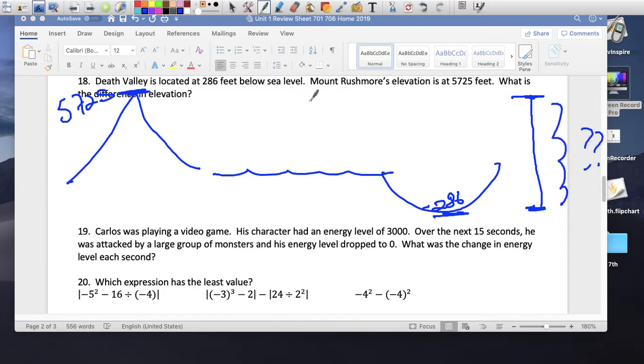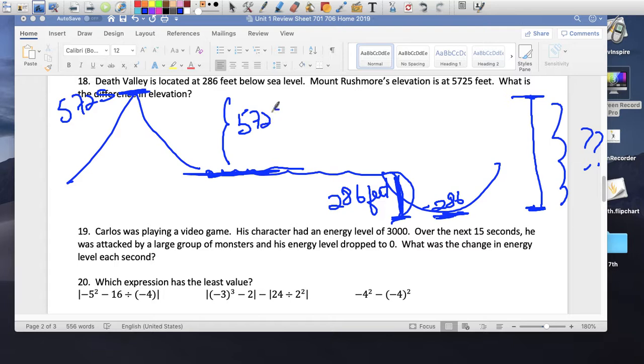Well, you can do it in two parts. You can ask yourself, from the bottom of Death Valley to go to the surface of the water here, to be at sea level, I would travel from here to here, right? And the distance there is 286 feet. From sea level, from 0 here, to the top of the mountain, I know that this part here is 5,725.